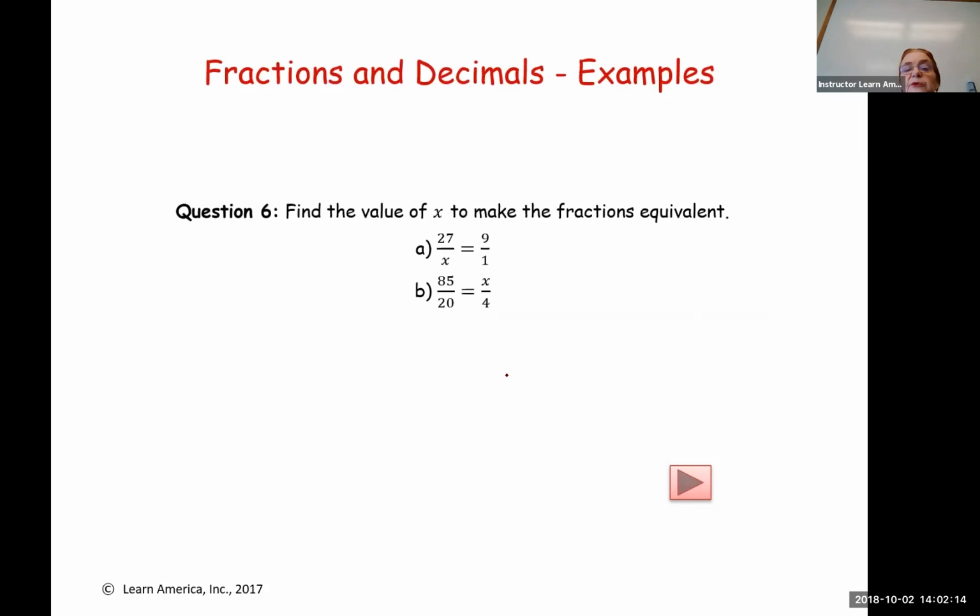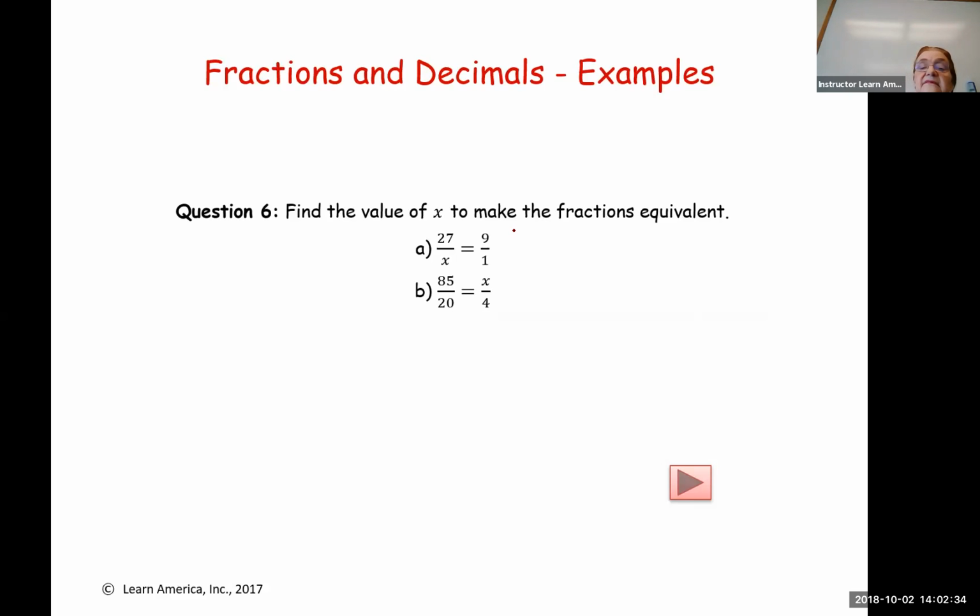Now, supposing we want to express these as equivalent fractions. In other words, if we have 27 over x, how is that equivalent to 9 over 1? Well, what value of x would make that equivalent? You probably can see that if x is 3, 27 over 3 is the same as 9 over 1.